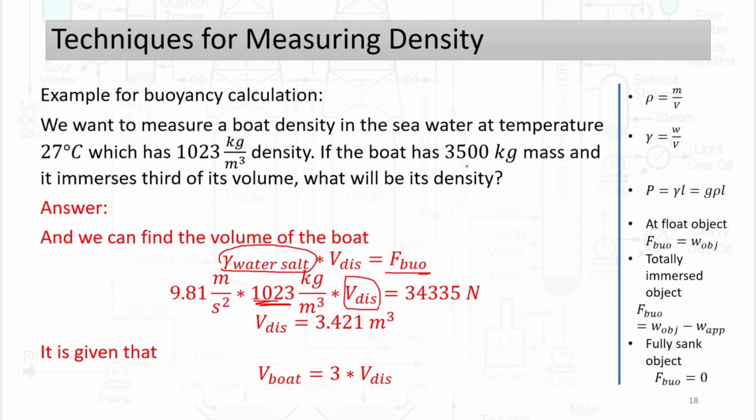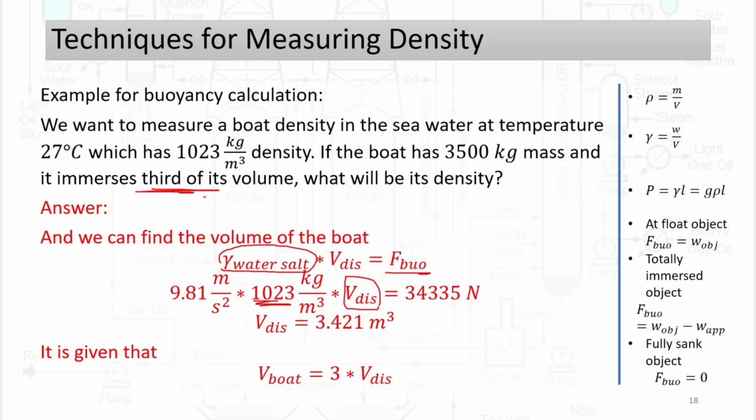So the volume of the boat equals 3 times the volume displaced, because it was mentioned that a third of its volume is immersed, meaning the displaced volume equals 1 out of 3 of the total volume, and this total volume is the boat volume. It will be not more than the boat volume.